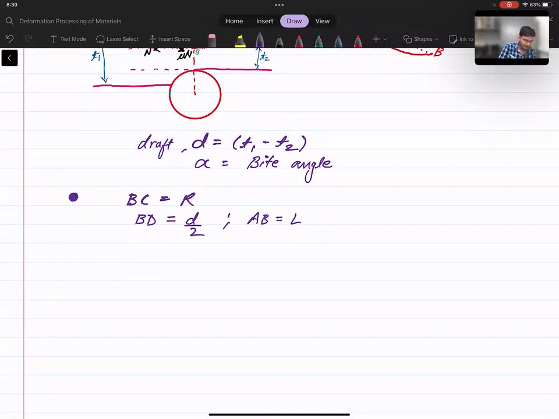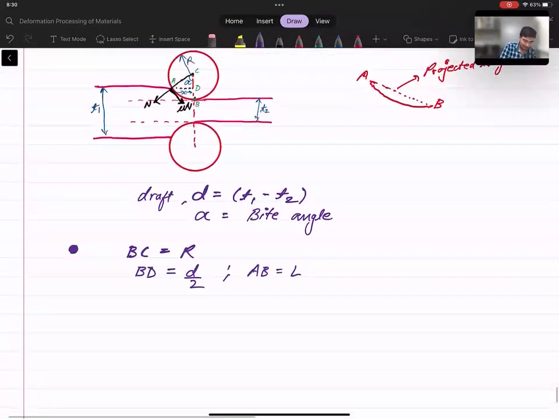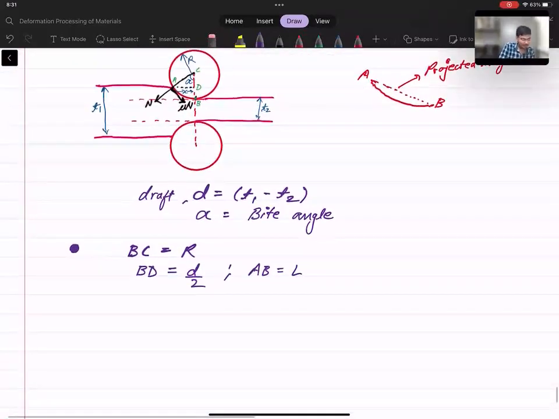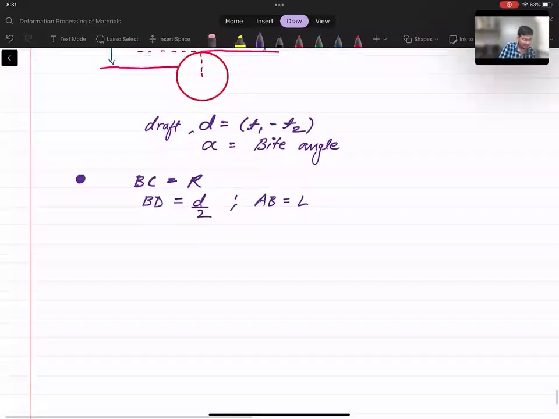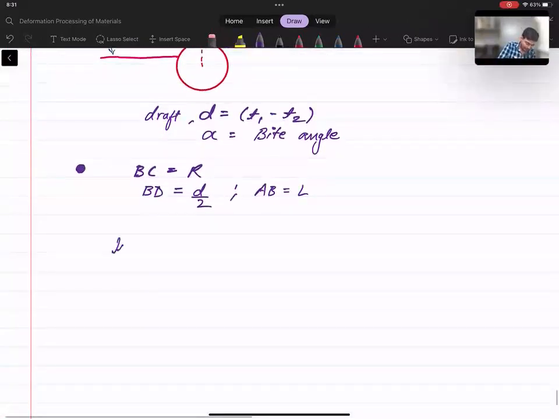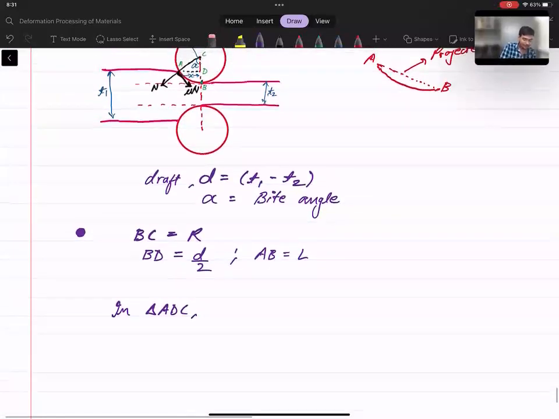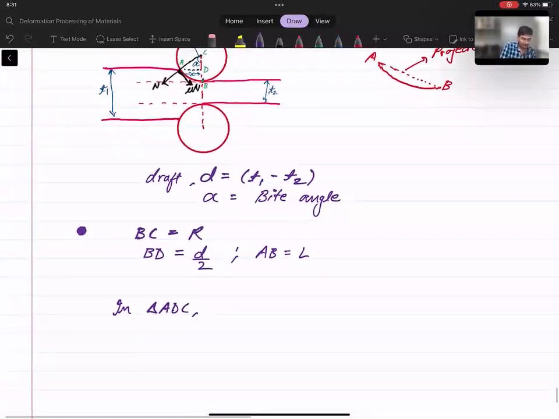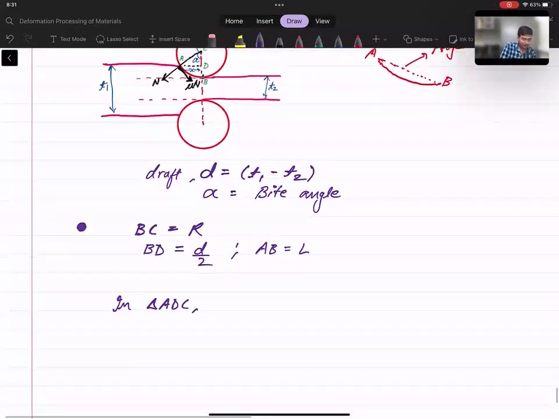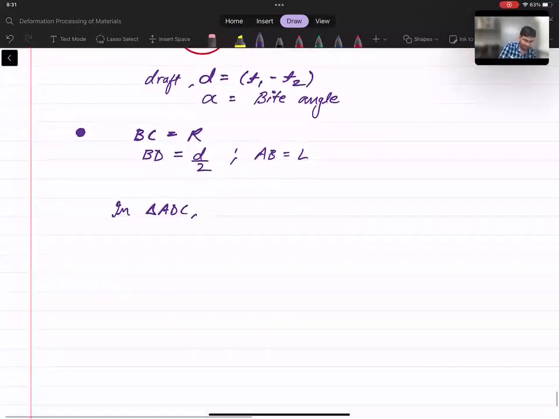Now let us apply simple geometry. So we will first consider the triangle ACD or ADC. In triangle ADC, applying the Pythagoras theorem, the square of AC will be equal to AD square plus DC square.